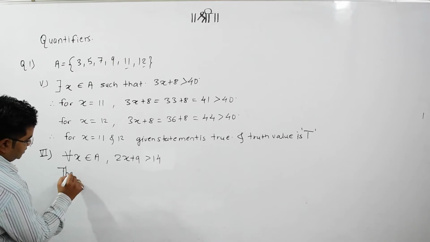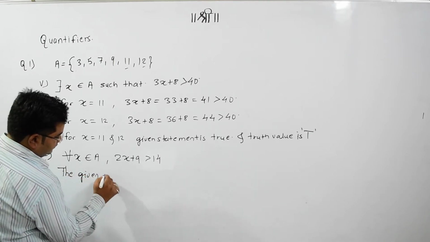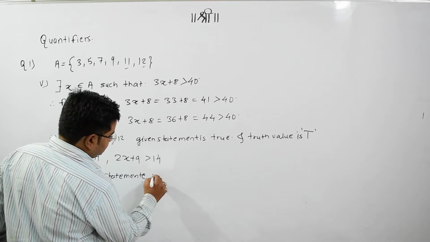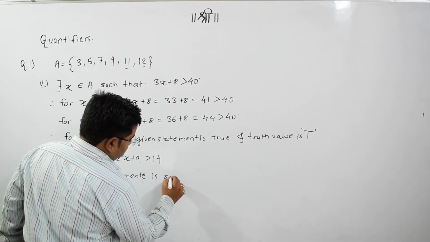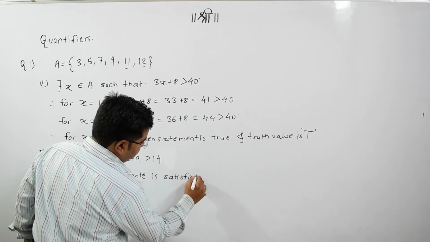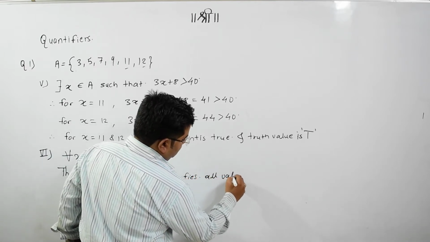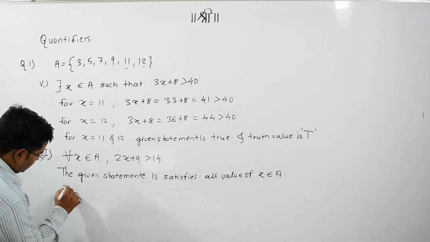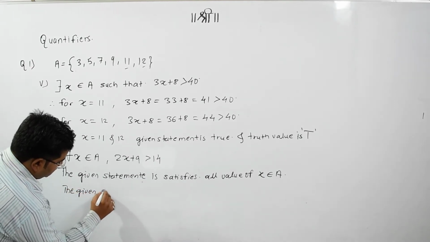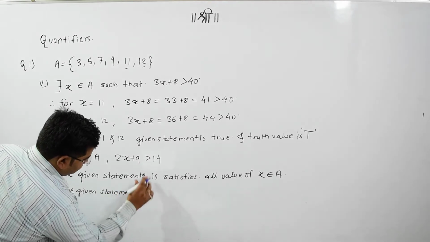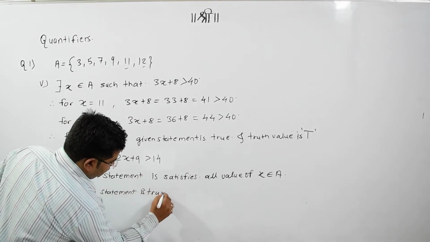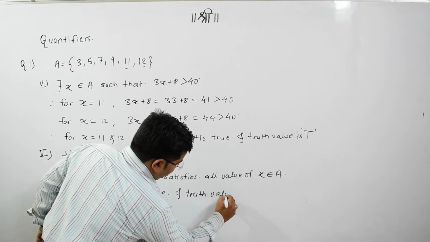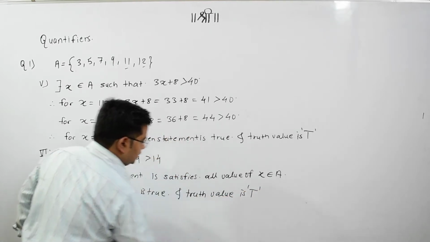So I would like to write it like this. The given statement satisfies all values of x belongs to A. Therefore the given statement is true, and the truth value is T. That's it.